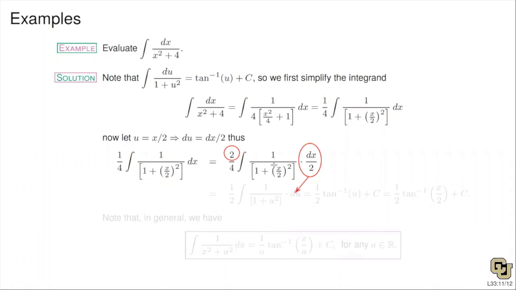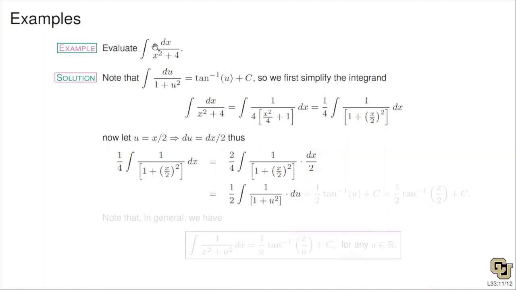This x over 2 in here becomes a u. And the 2/4 that's out in front, I can simplify and write as a 1/2. So when I convert the integral, I get 1/2 integral of 1 over 1 plus u squared du.